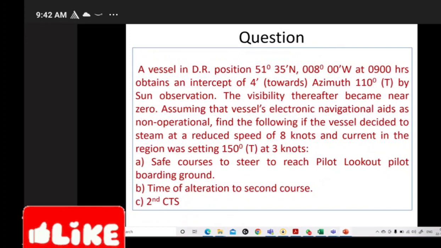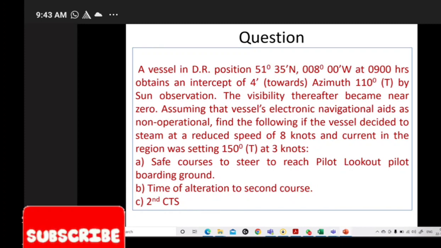Guys, this is the question in your assignment. Fourth question of the assignment is on blind navigation, right? Yes, sir. So in this case, where will we transfer the PL?